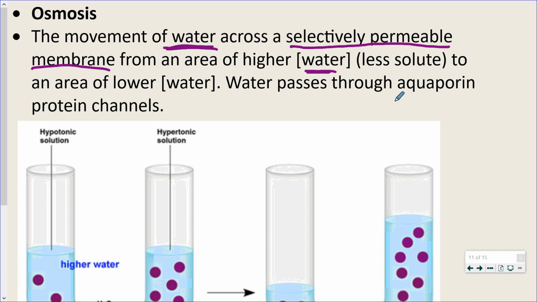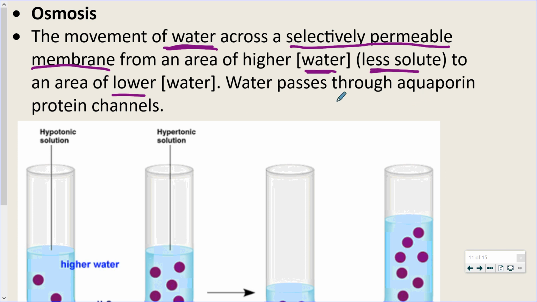If there is a higher water concentration, that means there has to be a lower solute concentration. It's an inverse relationship. More water means less solute. So we're moving the water from where there is more to where there is less of that water, or more of the solute.